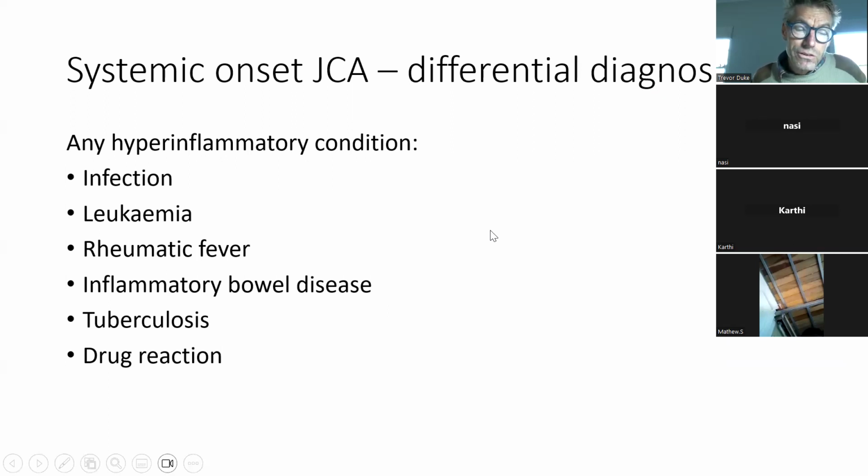So just consider always a broad differential diagnosis in these patients. And the way to arrive at a diagnosis of systemic onset JCA is to have thought of all these other conditions and to be excluding them when you can.